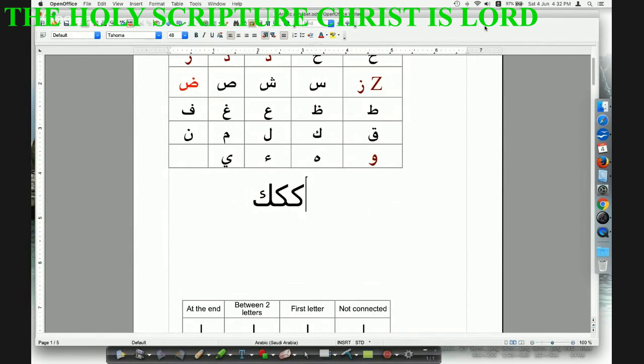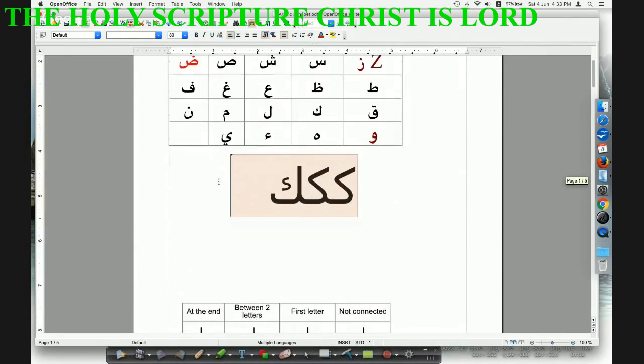All right? Okay. So the letter Ka changes when we are connected. Now, some of you might say, what is that there? Look with me. In the Ka, I will make it bigger, the max I can.